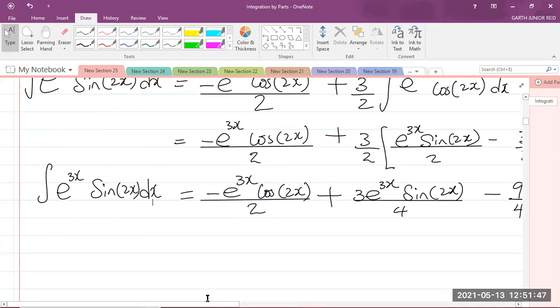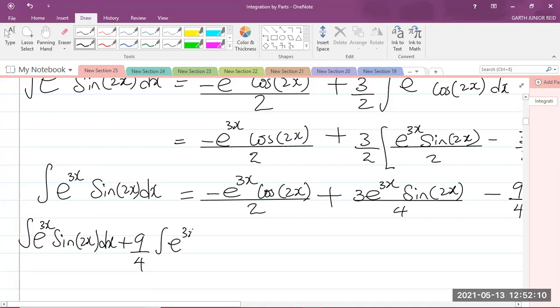So what I have now is the integral, so let me write it here. We now have the integral of e to the 3x times the sine of 2x dx, plus, so we carry over the negative 9 over 4 times this integral, we get a plus 9 over 4 times the integral of e to the 3x multiplied by the sine of 2x dx.